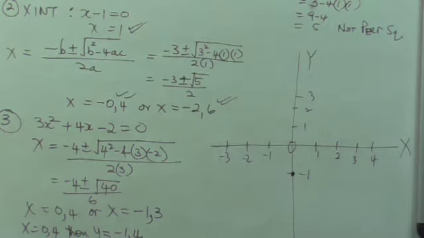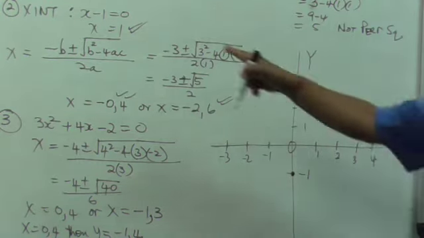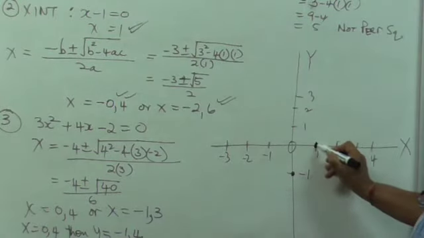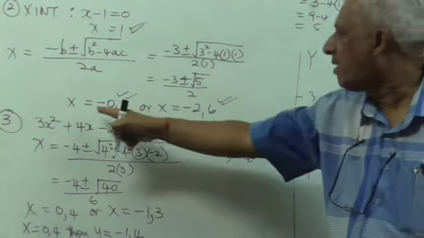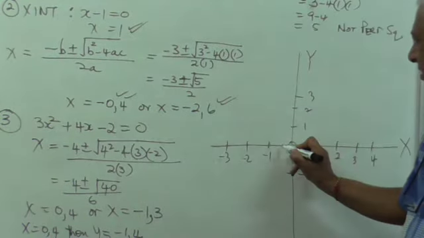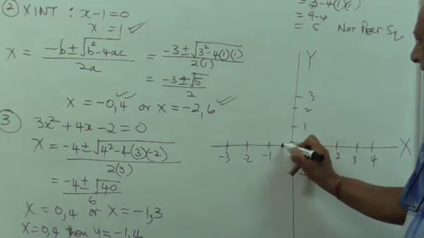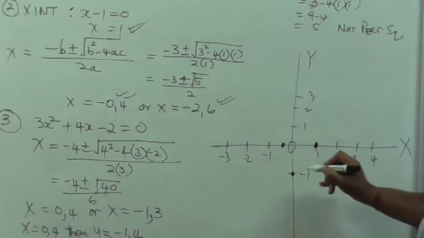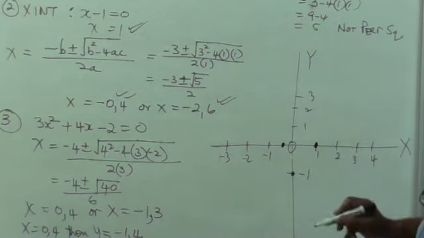Now, so we plotted the y-intercept. Now the x-intercept. X is equal to 1. So x is equal to 1 is here. X is equal to minus 0 comma 4. Minus 0 comma 4 will be here. Right. Minus 0 comma 4 is there.